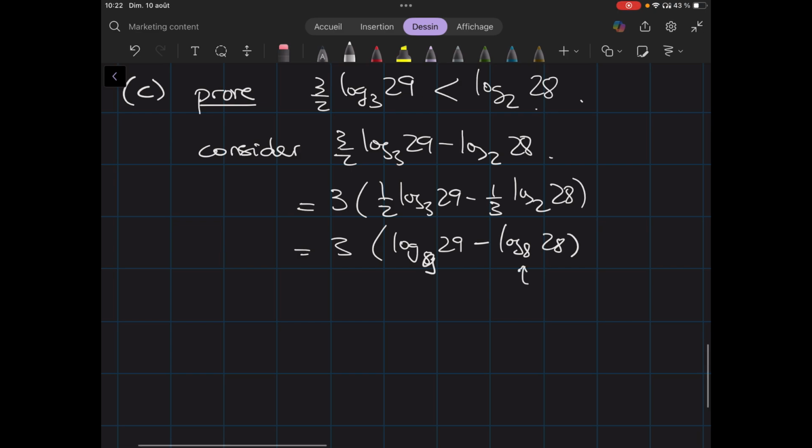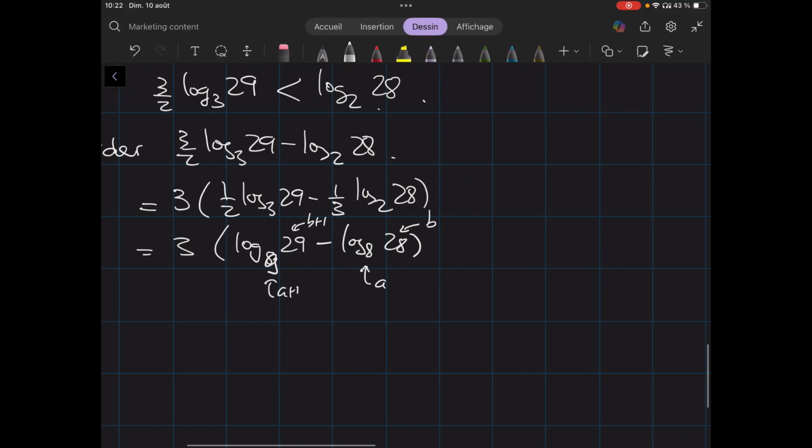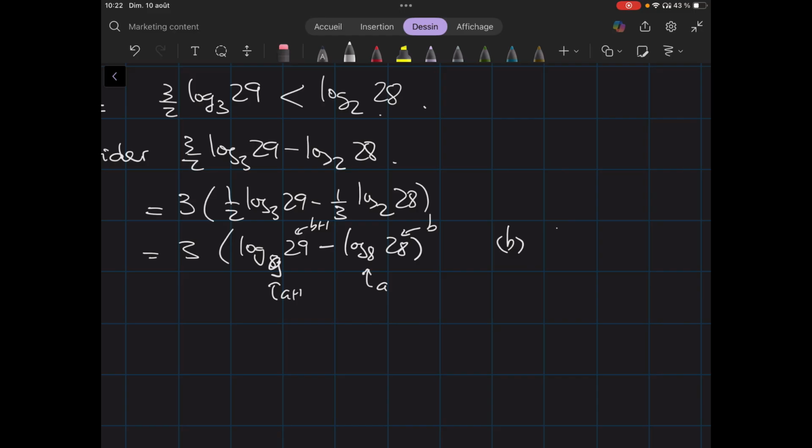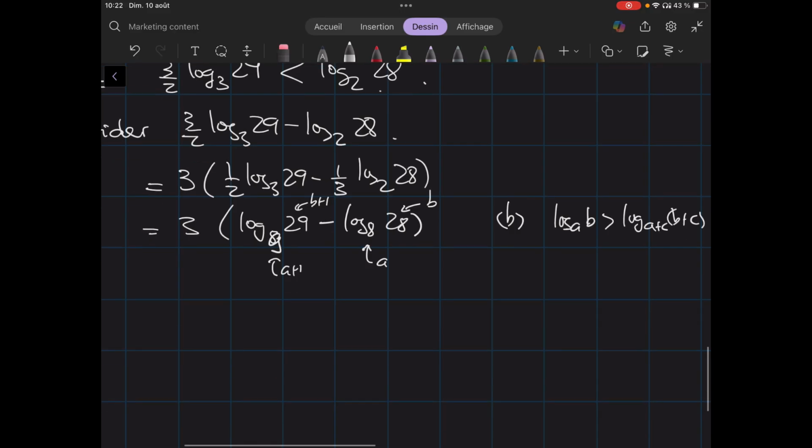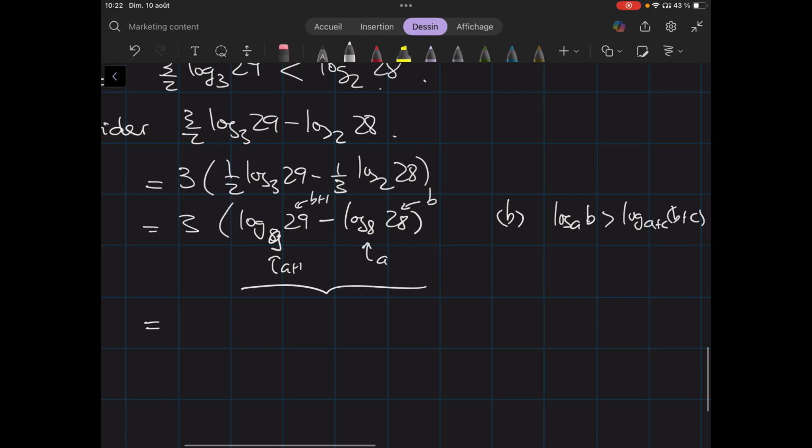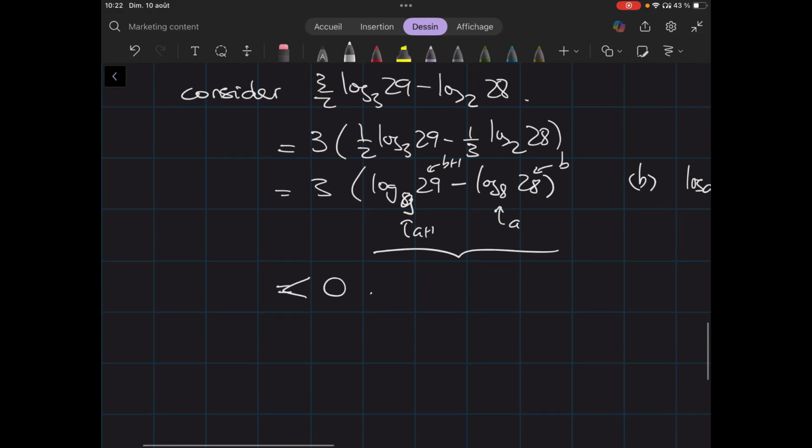If this is A and that is B, this is A plus 1, this is B plus 1. And from part B, we showed that log base A of B is greater than log base A plus C of B plus C. Therefore, this guy has to be less than 0. Therefore, we have our final answer.